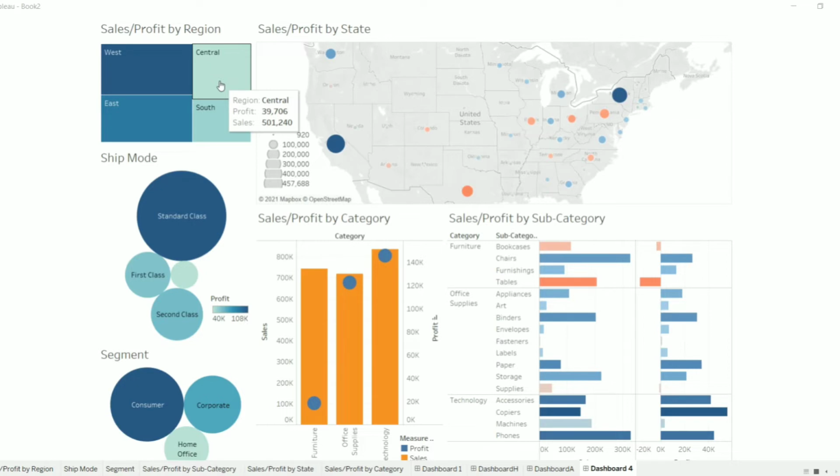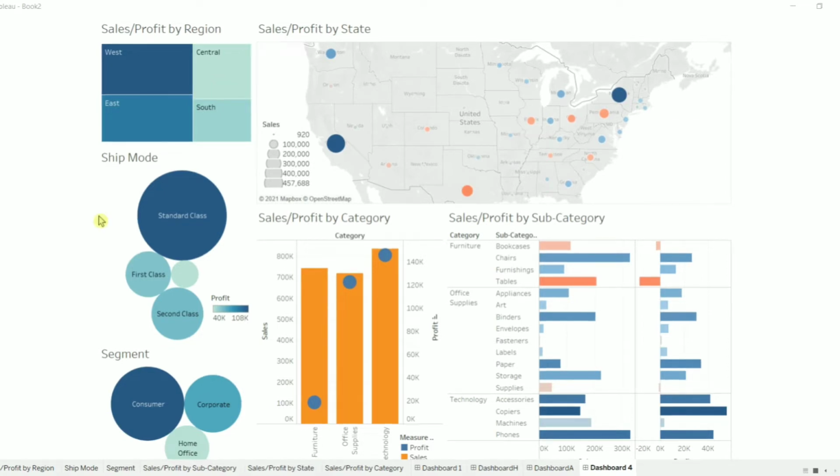But before that, let's look for more insights from the other data. Coming to the sales and profit by ship mode and segment, the same rule applies here. That is, the size of the circle represents the amount of sales and color represents profit.